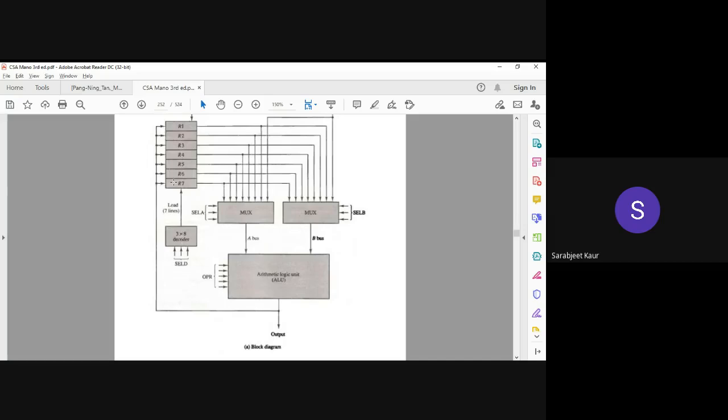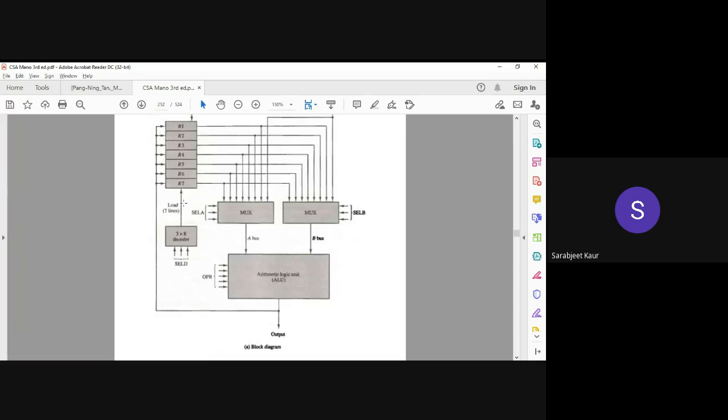So each output is connected to one of these registers, and accordingly, if, for example, 001 is active here, then the first register will be selected. If 010 is active here, then R2 will be selected, and so on and so forth for storing the result of the computation.